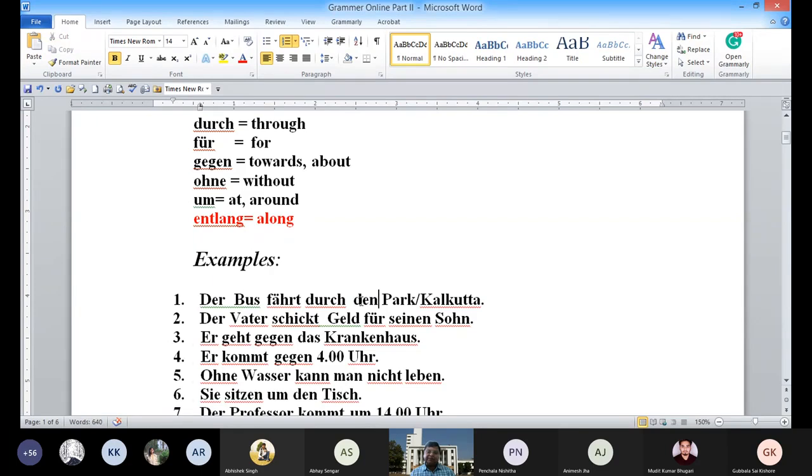Means after durch, whatever noun you use, the article coming before the noun will always be in accusative. That means either it will be den if it is masculine, die if it is feminine, das if it is neuter, and again die if it is plural. So this is the only thing you have to remember.